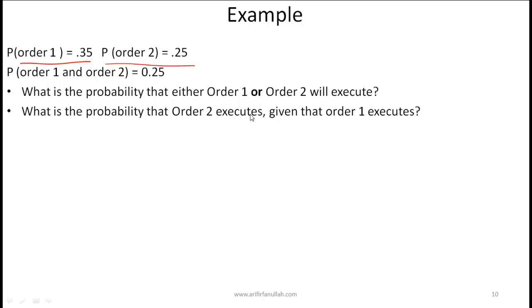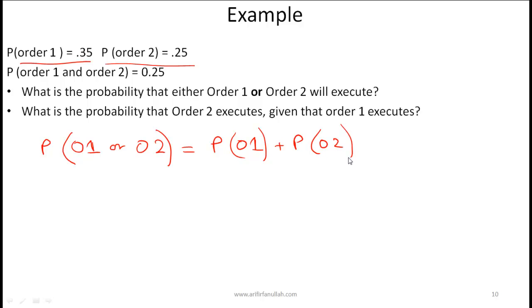So the way you can see this is, the probability that order 1 or order 2 will execute is equal to the probability of order 1 plus the probability of order 2 minus the probability of order 1 and order 2.